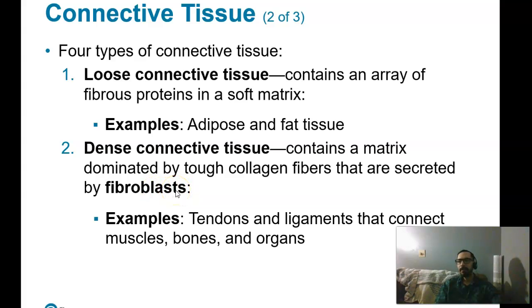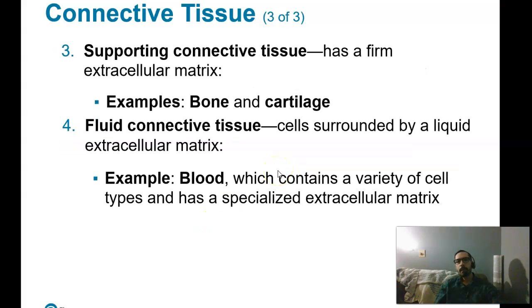If it says cyte, that means it's no longer active. Examples of dense connective tissue are tendons and ligaments that connect bones and muscles. Then there's supporting connective tissue that has a firm extracellular matrix, like bone and cartilage, and fluid connective tissue, which is surrounded by a liquid extracellular matrix, like blood.